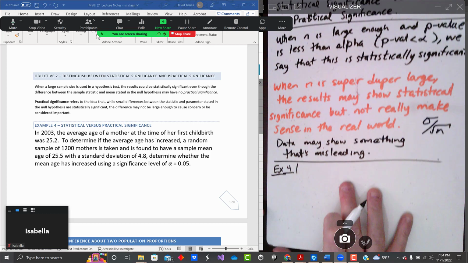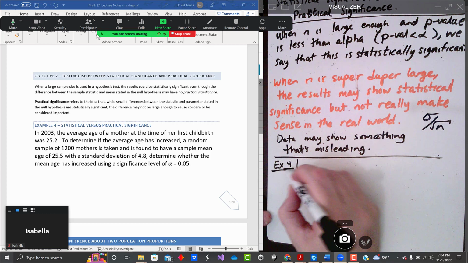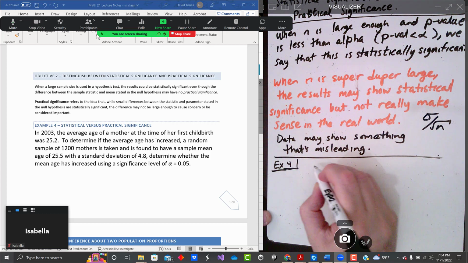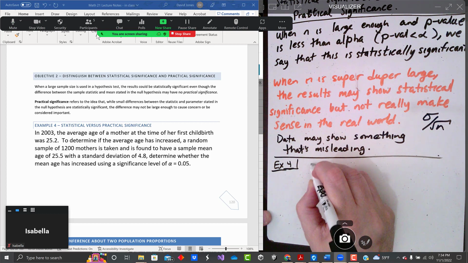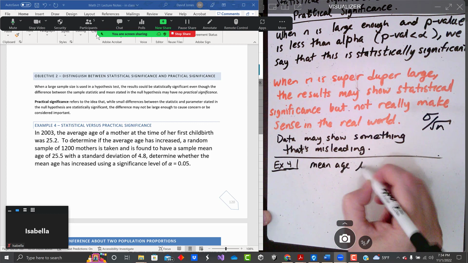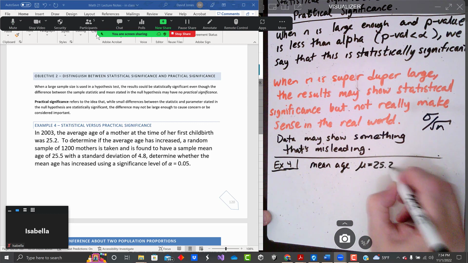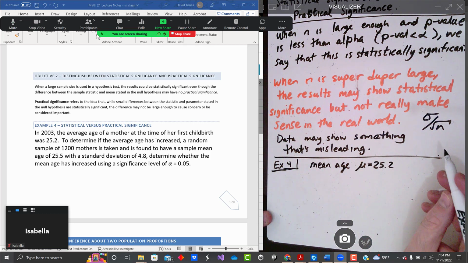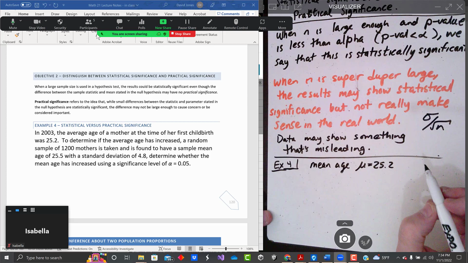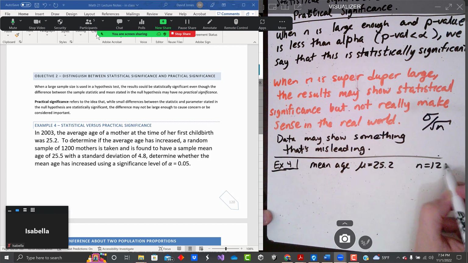It says the average age of a mother at the time of her firstborn child is 25.2. So mean age, or mu, is 25.2. To determine if the average age has increased, a random sample of 1,200 mothers is chosen.